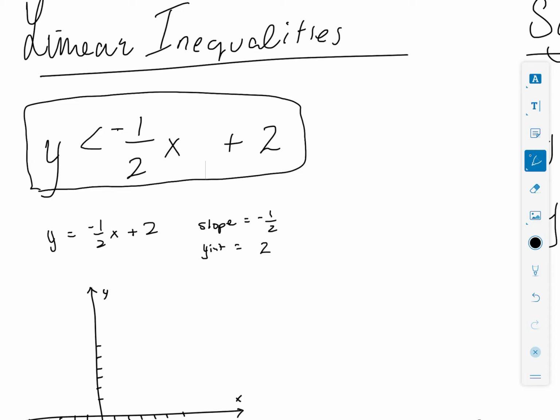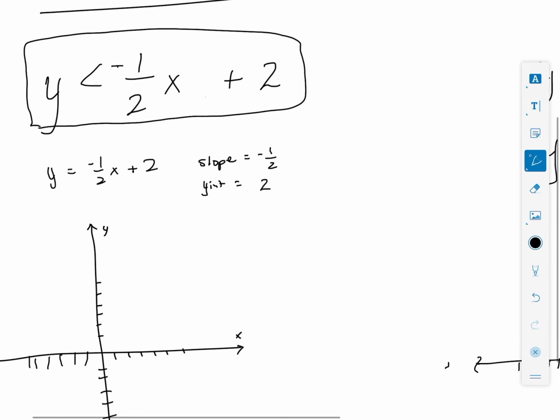I'll graph this the same way as a linear equation. I'll start at my y-intercept of 2, plot a point, and then move down 1 over 2 to plot my slope. And we'll start to form a line.